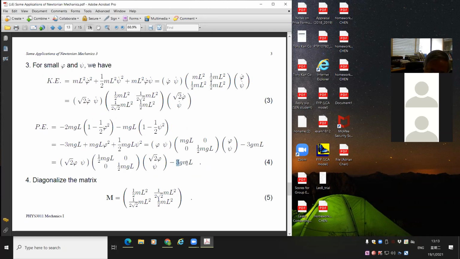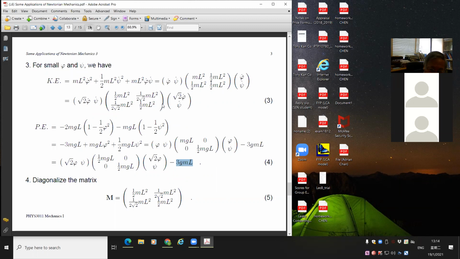And here we have a constant. Okay, so obviously the potential energy is already in diagonal form. Since this is only a constant, we can always reset the reference level for the potential energy so that this constant becomes zero, right? Potential energy can be reset by changing the reference level.